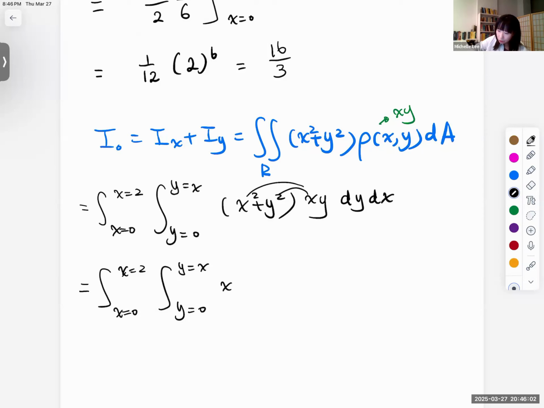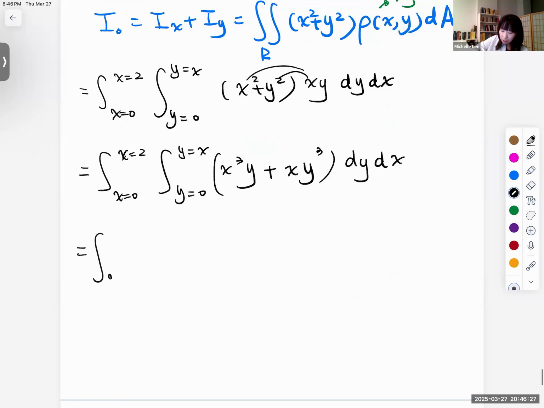So we have x to the third power y plus x y squared. Wait a minute. X to the third power y, right? So x, y to the third power, right? Good. Dy, dx.